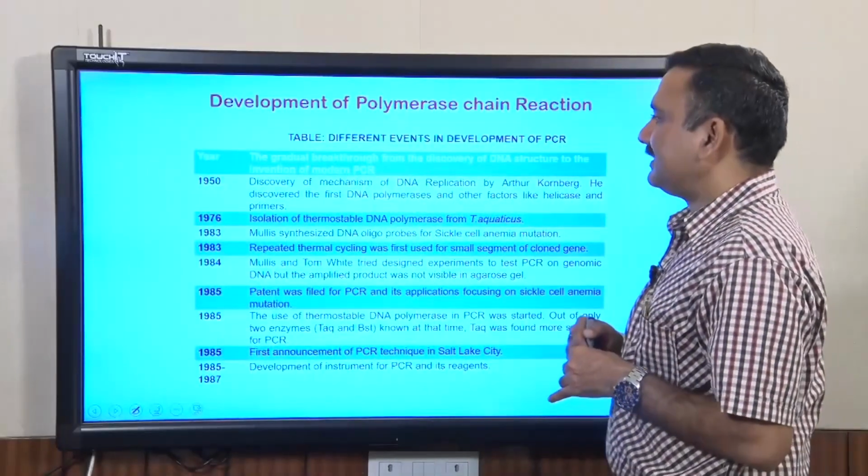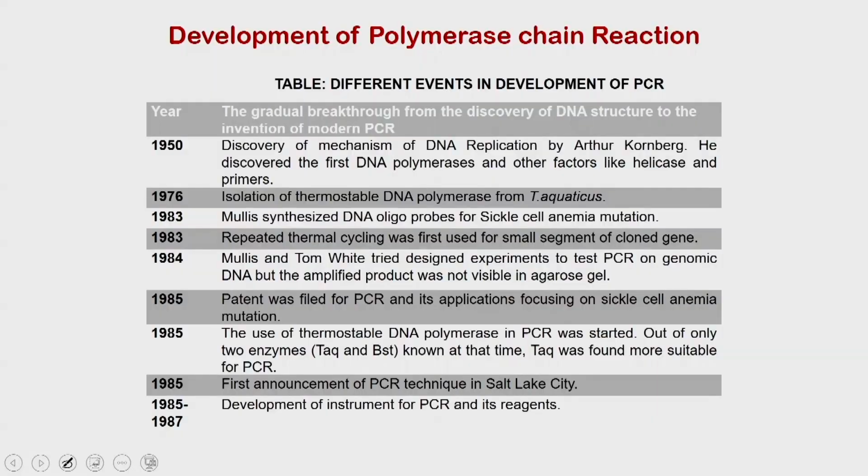It started very early on, in the 1950s, when Arthur Kornberg, the Nobel laureate, discovered the mechanism of DNA replication, and he also discovered the DNA polymerases, which are the enzymes responsible for the synthesis of DNA.